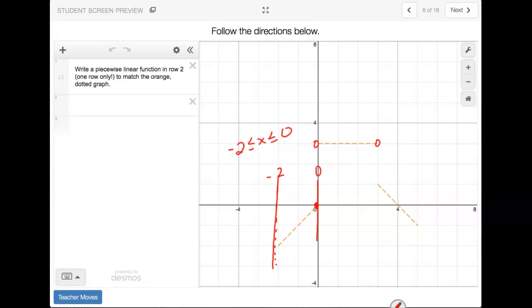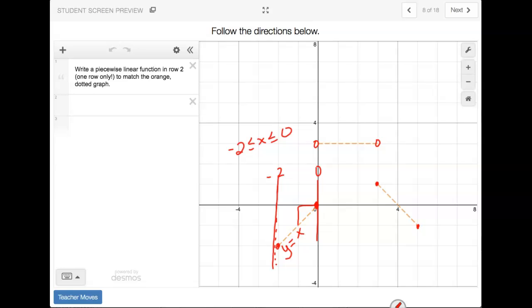We'll do open here and solid here. All right. So my first domain on the left, we have -2 to 0 for our x values. The slope of my line is 1, and it is hitting the y-axis at 0. So again, this would just be y equals x for my equation for that line segment.